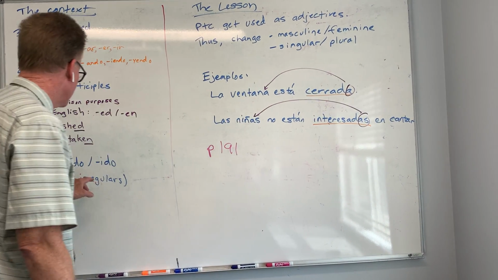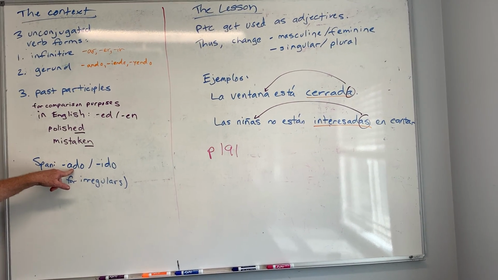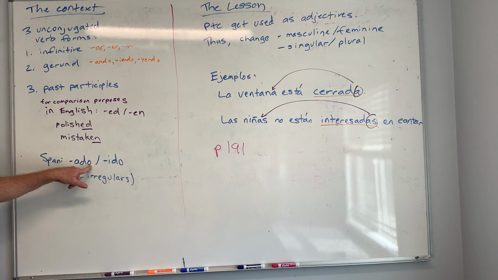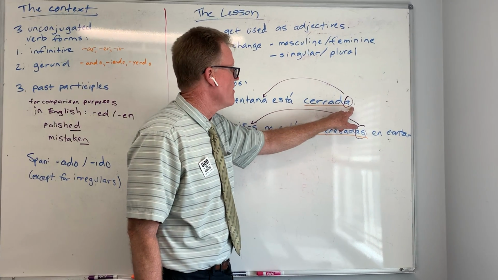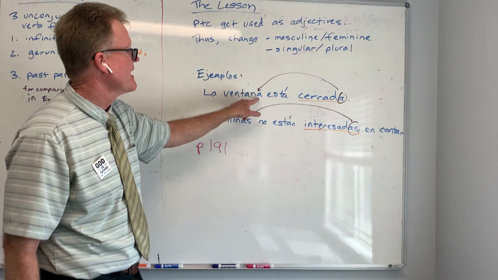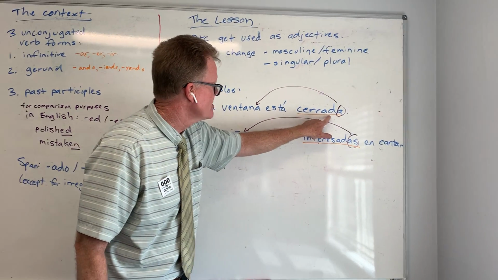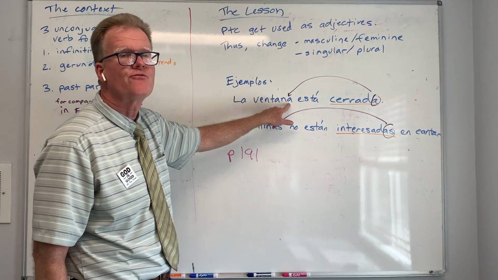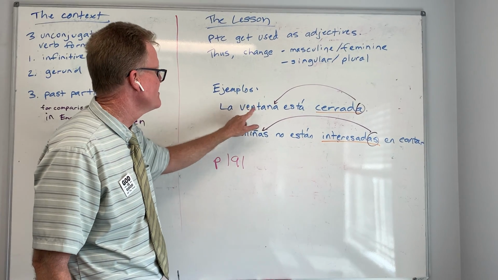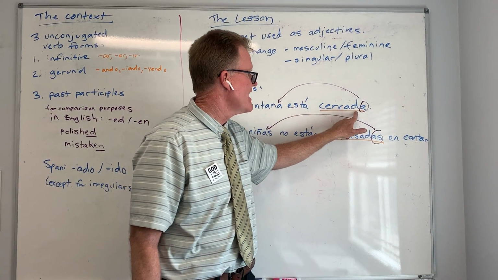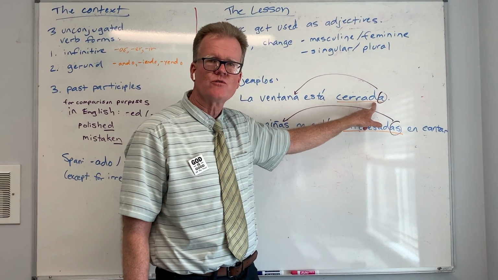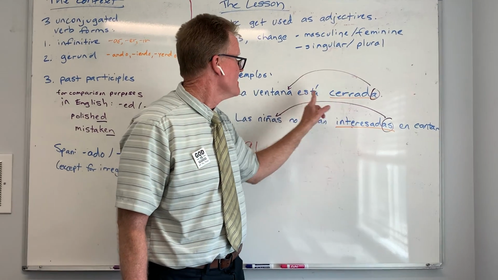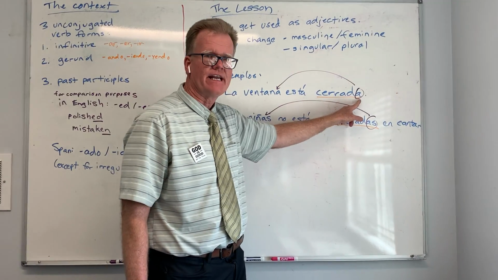You see that I have my ending, but I took that O, which is masculine, and I made it feminine. Why? Because the noun that this adjective describes is feminine. The window is feminine, and so the adjective that describes it must also be feminine. They both end in A.